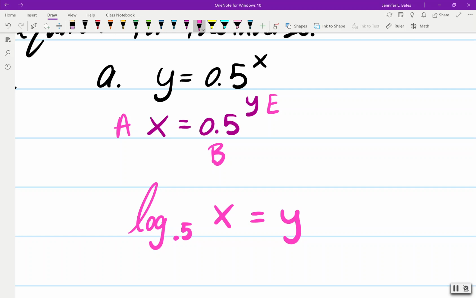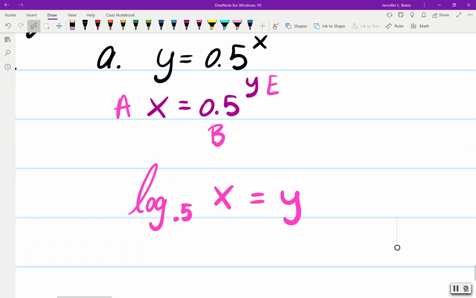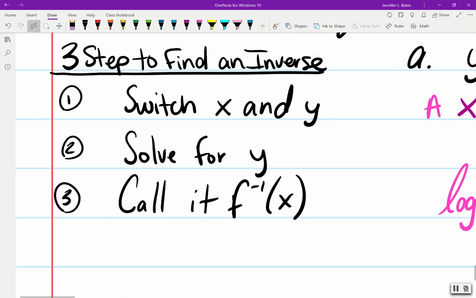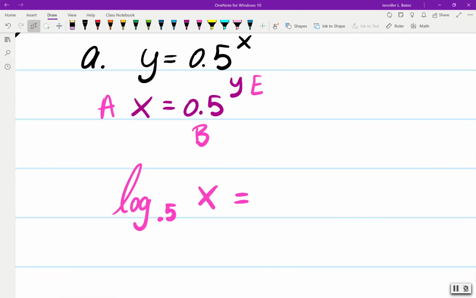So all I'm doing is unscrambling them, rewriting them in the order B, A, E. And then I don't want to say equals y for my final answer. What do I want to say? Equals, what am I calling it? F inverse of x. So we're going to call it f inverse of x.